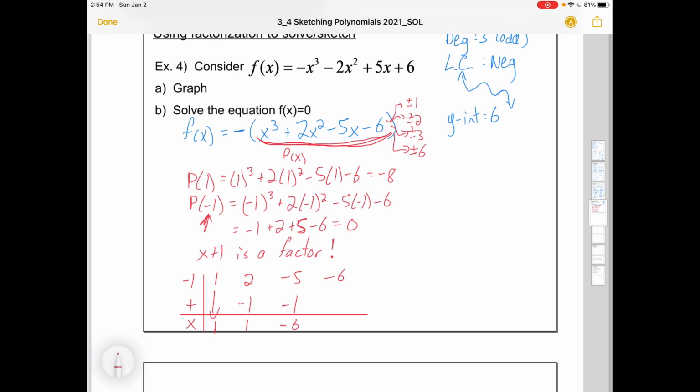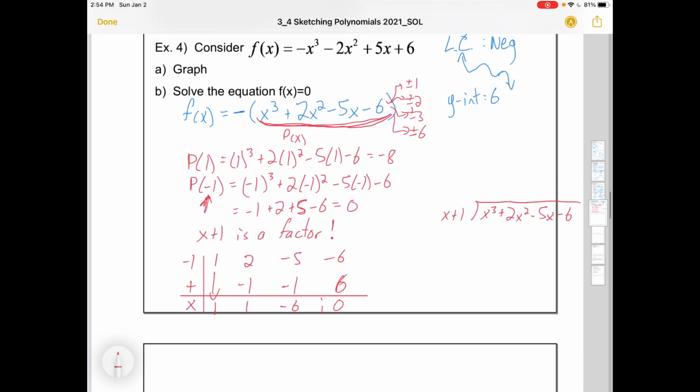Multiply, add them up, multiply, that's a 6. Add them up, yay, I get a remainder of 0. So what we're doing, if you were to look at it in long division terms, is x cubed plus 2x squared minus 5x minus 6 divided by x plus 1. I guarantee you'll get the same result, though. You get x squared plus x minus 6.